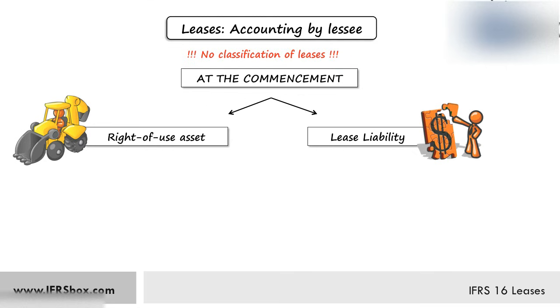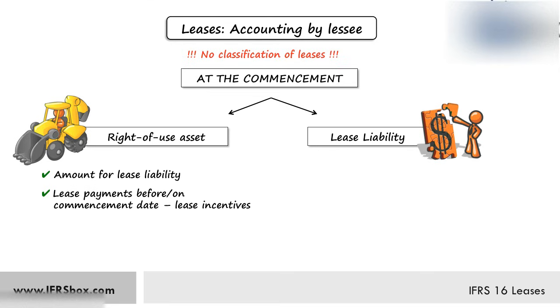The right of use asset shall be equal to the lease liability, and we'll show how to measure it in a minute. And then you should add lease payments made before or on the commencement date, less lease incentives received, if any, initial direct costs incurred by the lessee, any estimate of costs for dismantling the asset and restoring the site if applicable, and if there is such an obligation.